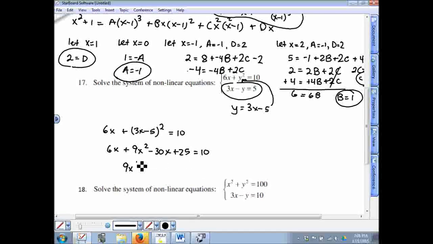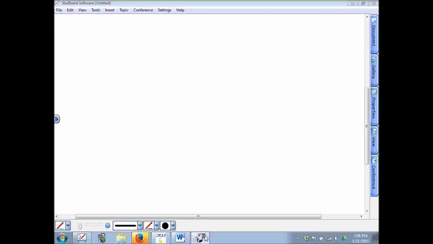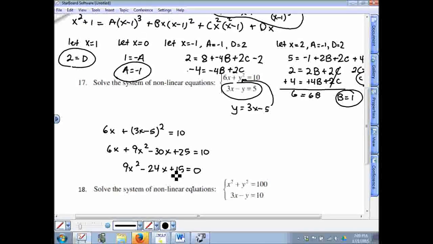So if we set this equal to 0, that should be plus 15 right there. I'm going to factor out a 3.